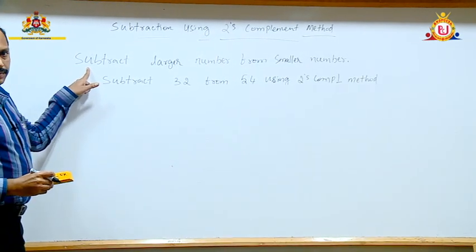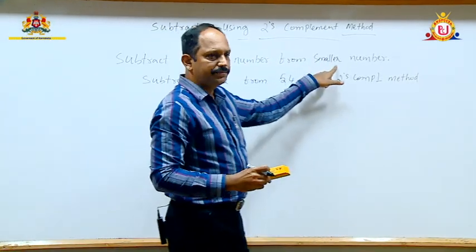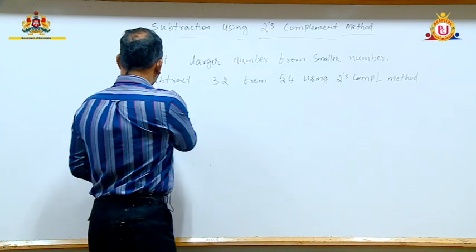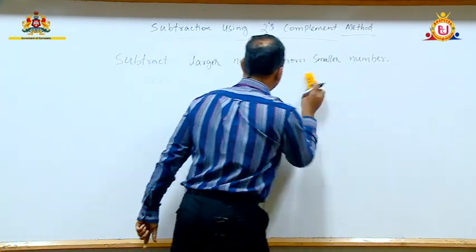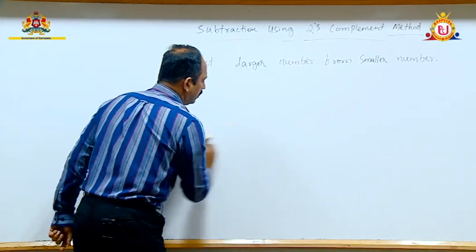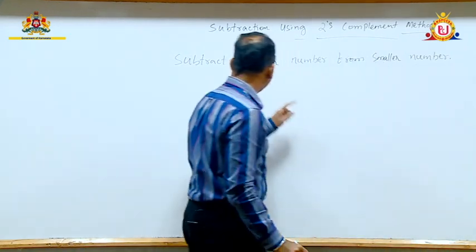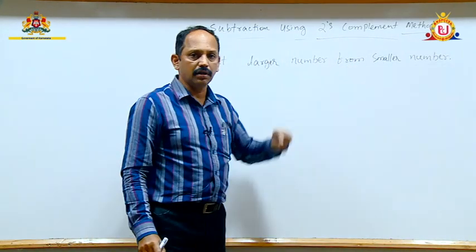Using the 2's complement method, subtract a larger number from a smaller number. Let us understand what are the different steps involved to subtract a larger number from a smaller number.